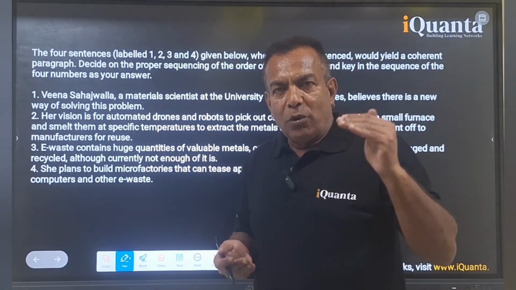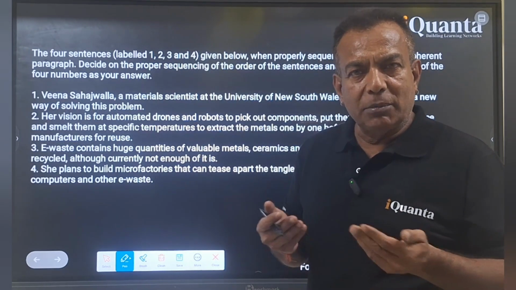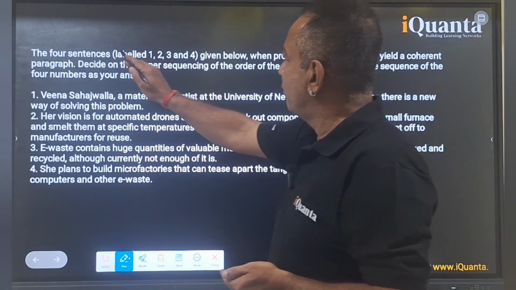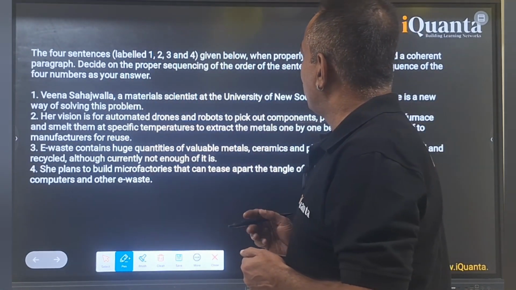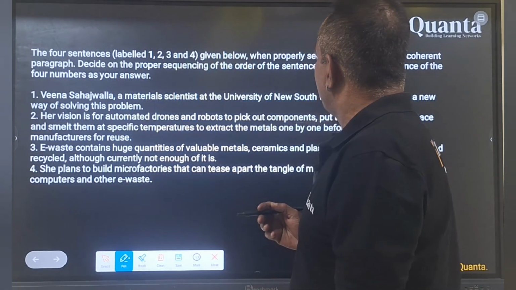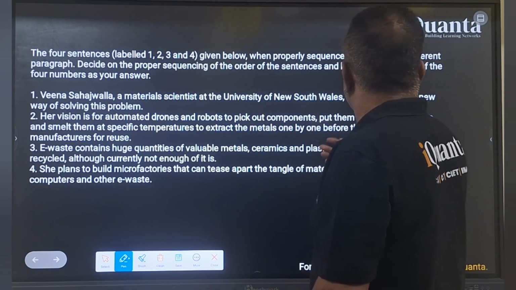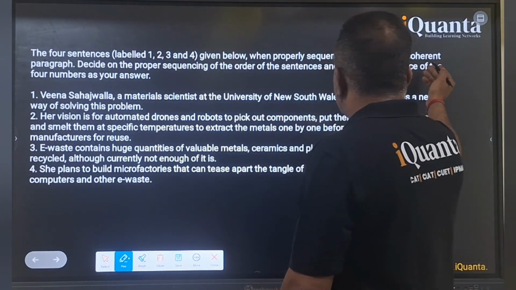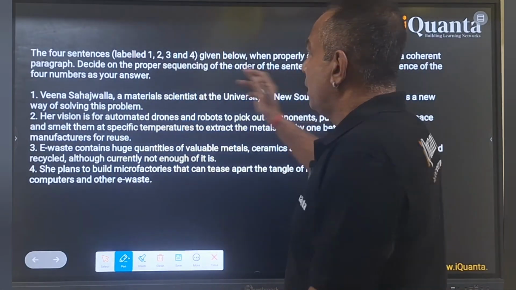एक तरीके से उनको हम arrange करेंगे जिससे कि information flow बहुत आसान होगा, समझने में आसानी होगी. So let's look at this. Let me read the first instruction there. The 4 sentences labeled 1, 2, 3, and 4 given below, when properly sequenced, would yield, means to bring out, to give, a coherent, that is easy to understand, paragraph.